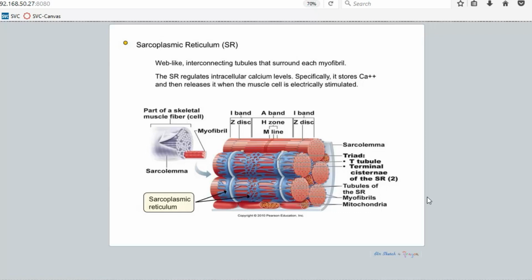Another highly modified organelle within a skeletal muscle cell is something called the sarcoplasmic reticulum. And this, again, is our skeletal muscle cell. These are our myofibrils. And the sarcoplasmic reticulum is this web-like structure here that's surrounding each of the myofibrils.